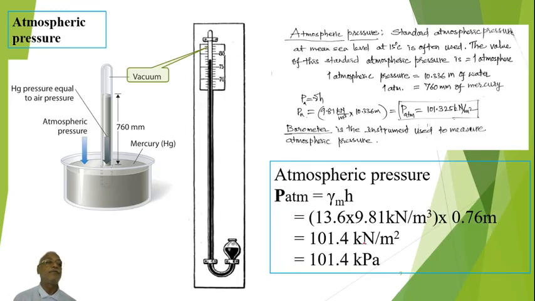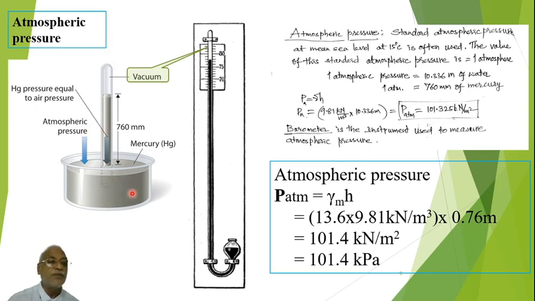Okay, here I have information like atmospheric pressure. Now, how this atmospheric pressure acts, we'll see. Here there is an experimental setup that is shown. In that setup, there is a container filled up with mercury, and there is a tube which is filled with mercury, and it is made upside down, putting the mouth of that tube inside this mercury.